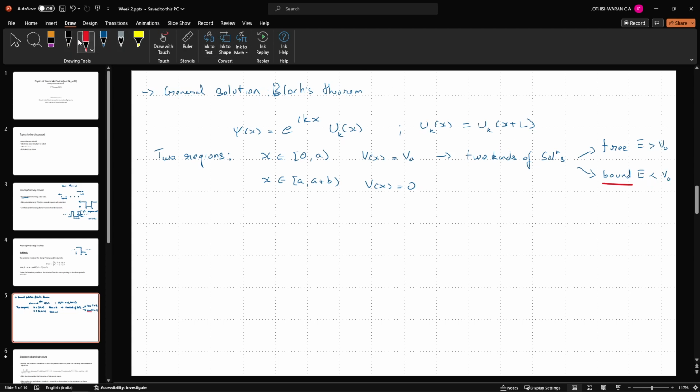Now, I recommend people to go back and look at the solutions for the bound state case.